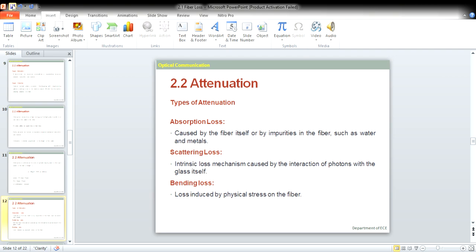Here we have two types, linear scattering and non-linear scattering. And the third category is bending loss or radiative losses, in which the loss is mainly caused by physical stress on the fiber. Here we have two types, namely microscopic bending and macroscopic bending.